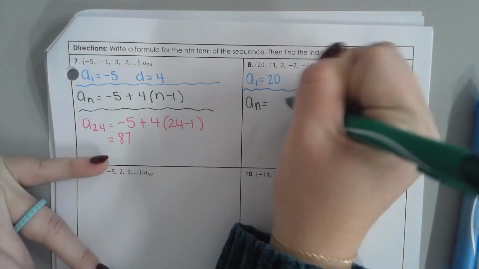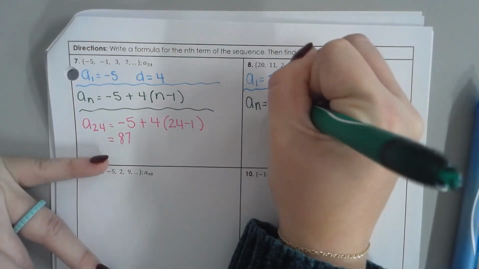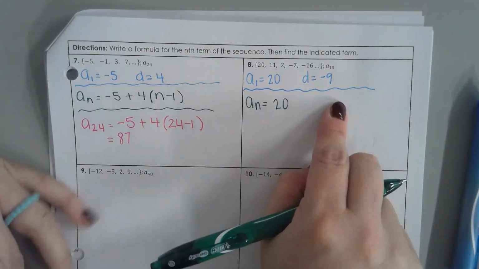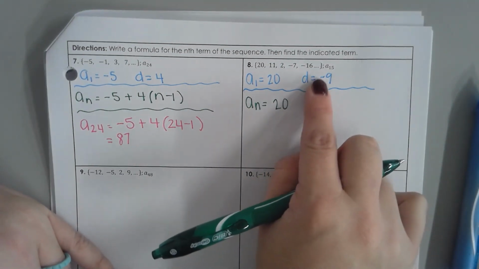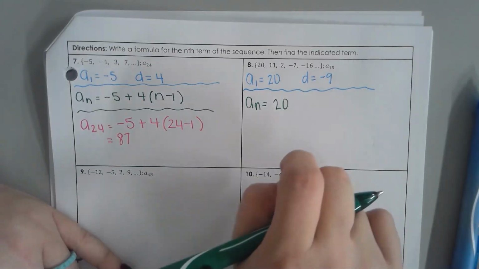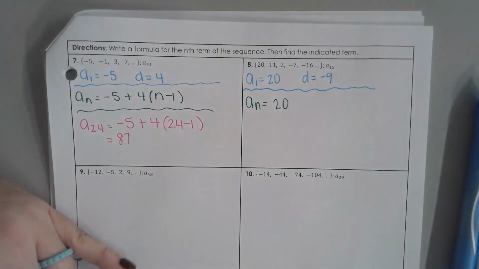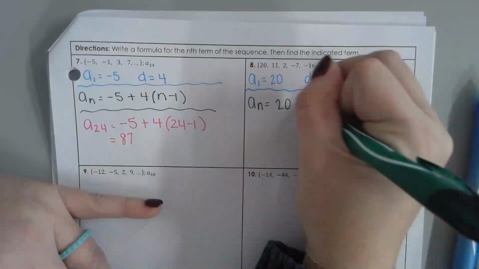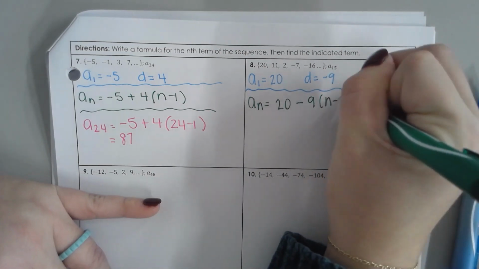AN equals A1, and then normally it's plus our common difference. But I don't want to put plus -9. What could I put instead of having a plus negative? Just a minus 9. And then n minus 1.